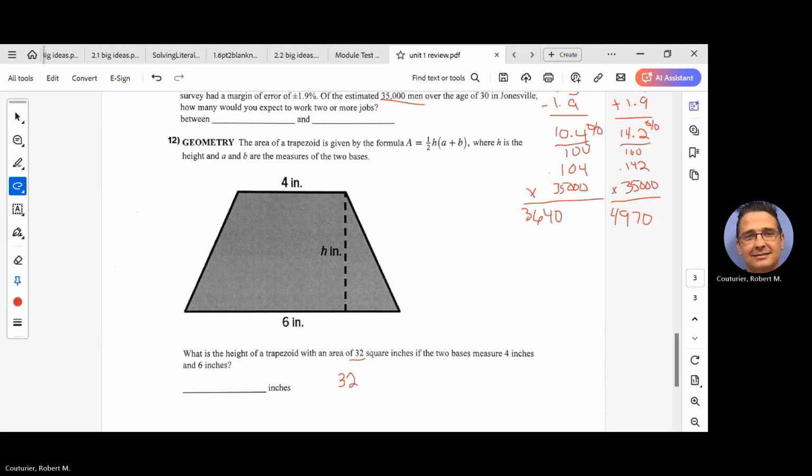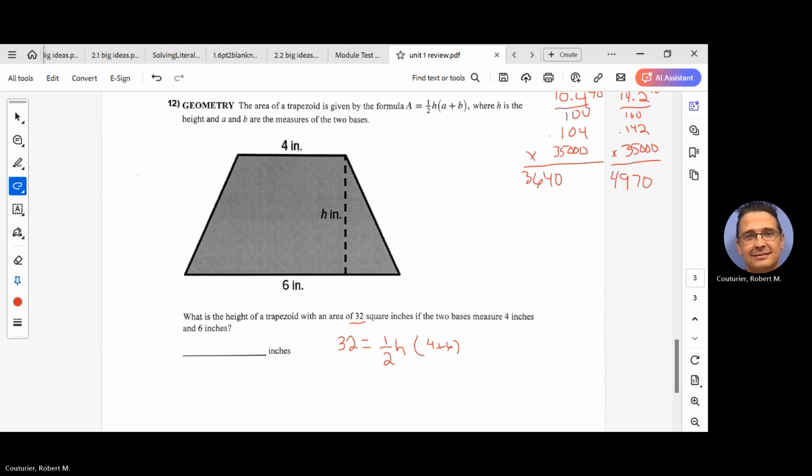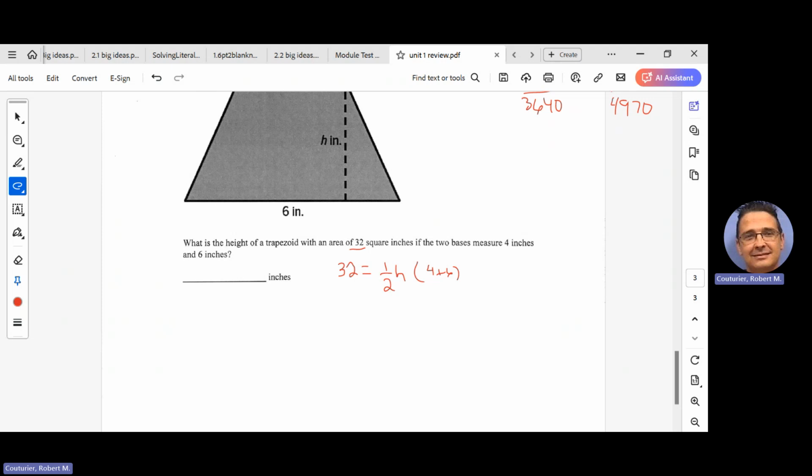32 equals 1/2 H times 4 plus 6. Okay, we can clean this up a bit. Actually, look, we can even do this more because this is all sitting over itself.